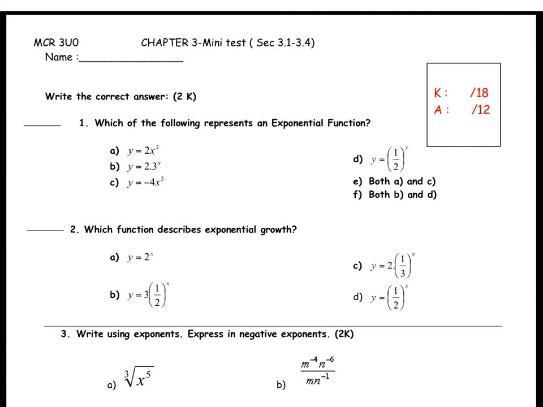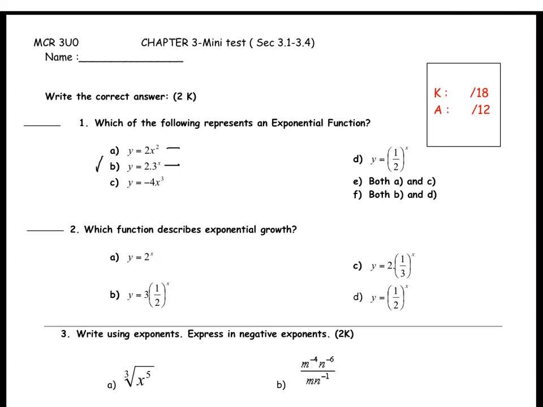Remember, the definition of an exponential function is the one where the variable is in the exponent. The first one, you can see the variable is the base, so it's not exponential, it's a quadratic. The second one, b, again the variable is in the exponent, so this is an exponential, so this is okay.